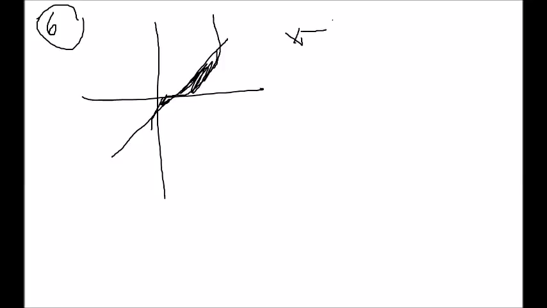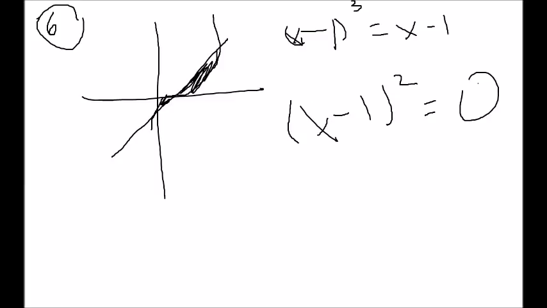We have to figure that out. So x minus 1 squared equals 0. And x equals 1. That's the x-intercept of both of them. So that's one intercept, and then let's see.